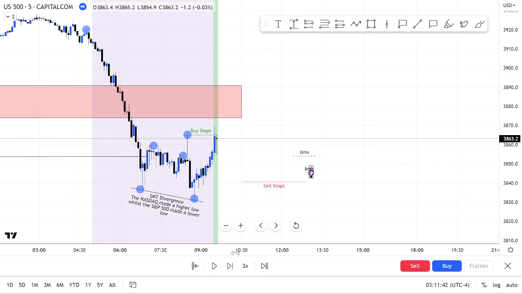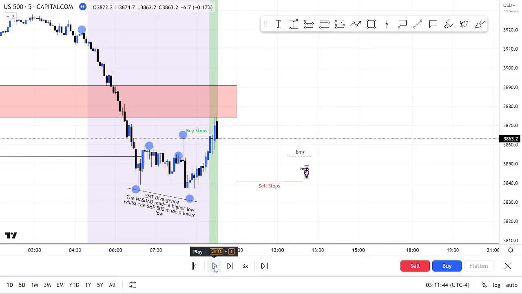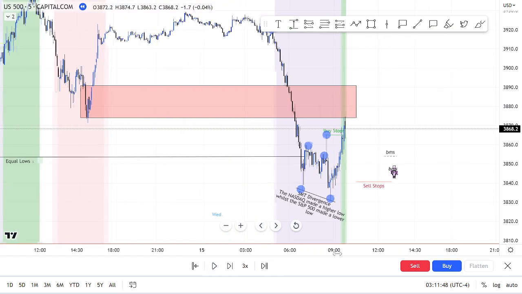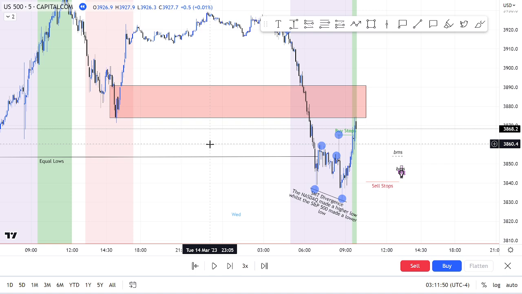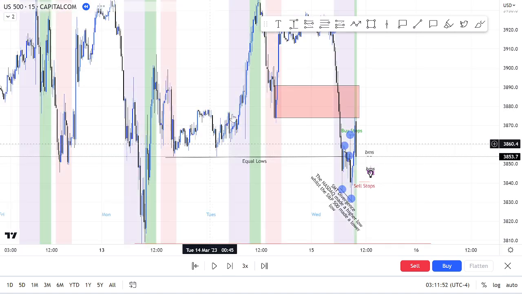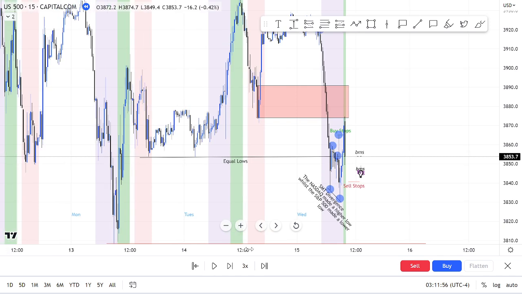Now this red box that you see me draw over here, if you look back at the 50-minute, I labeled it as a breaker. But when I was in ICT's recording session this morning, listening to him in the New York morning session, I didn't fully understand the mitigation block that he talked about.